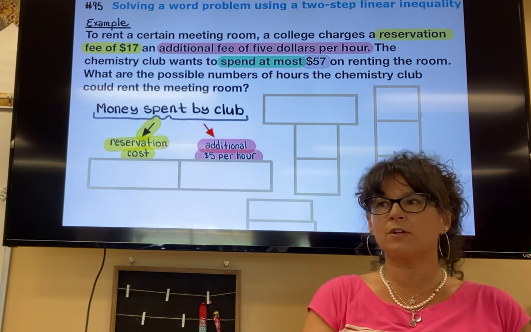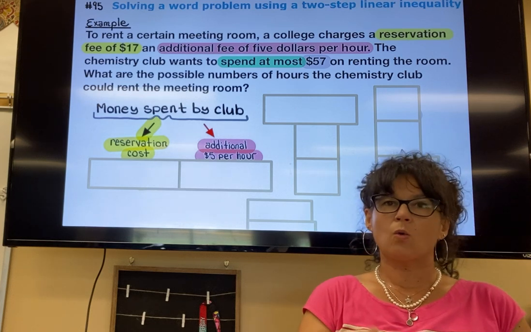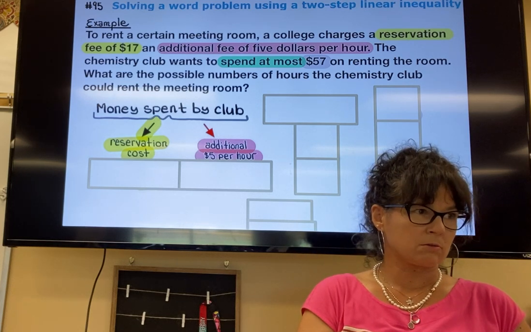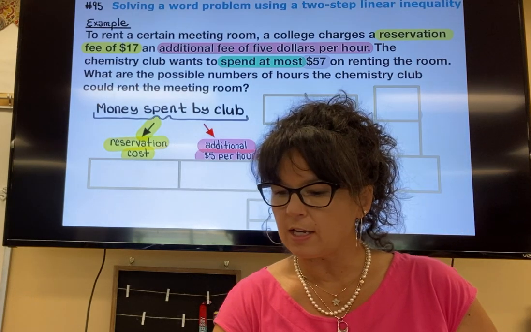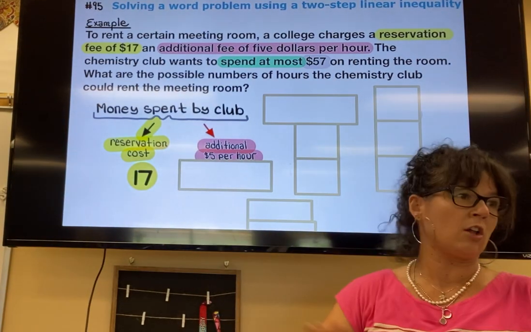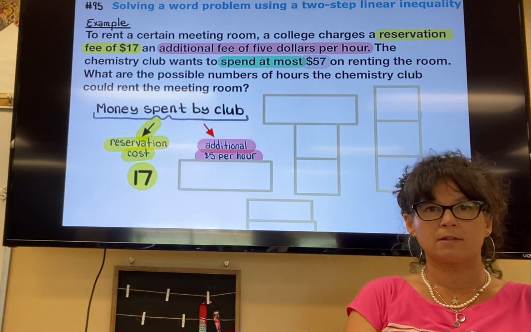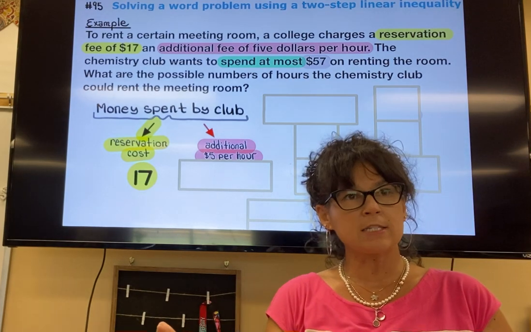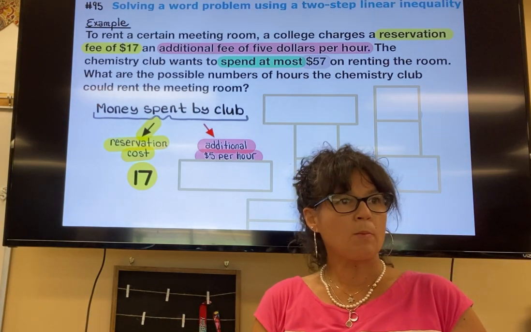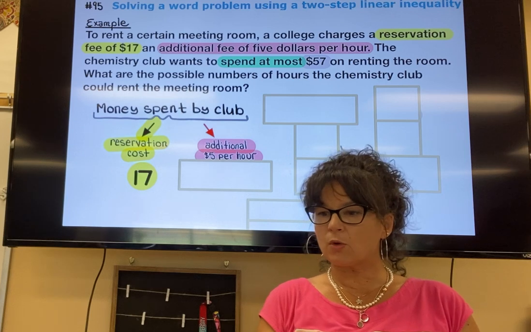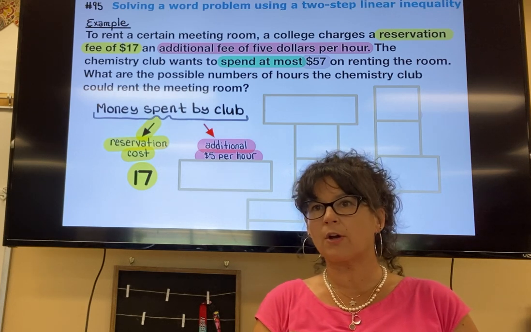It doesn't matter if you stay 1 minute or 8 hours. The reservation fee is $17 no matter what. Okay, then we're going to add on to that so much money per hour. So they're charging $5 per hour.